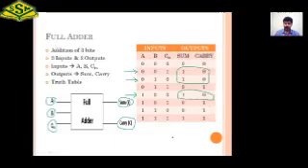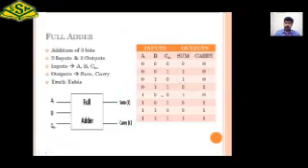If any two inputs are going to be 1 and one input is going to be 0, we can highlight it in the fourth row, sixth row, and then seventh row.